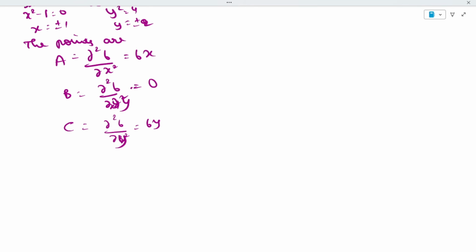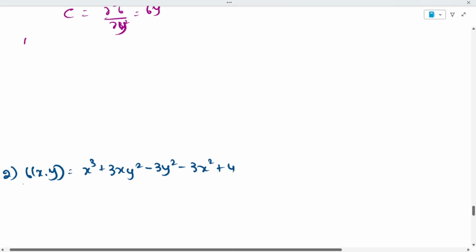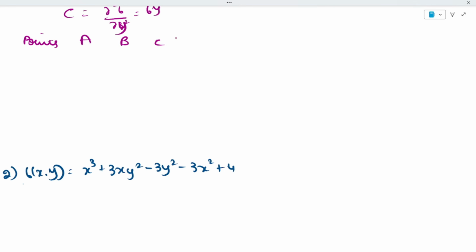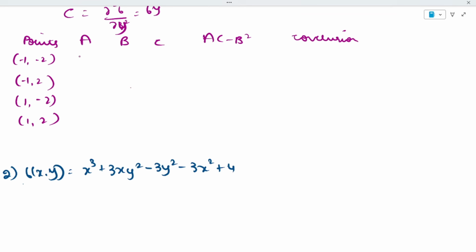Now for the points, you should write a table consisting of the points, then the variables a, b, c which we took, and then ac minus b square, so we can come to the conclusion whether it is minima or maxima or anything else. First, the possible points are minus 1 and minus 2 both negative, maybe minus 1 comma 2, or 1 comma minus 2, and then both positive. Here a is minus 6, here also minus 6, here plus 6, 6.